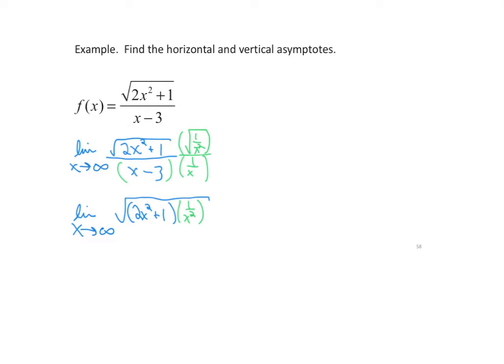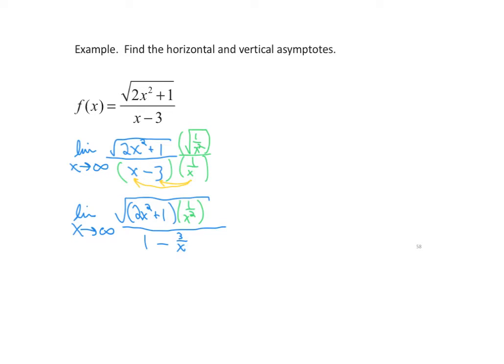They both have square root symbols and they're being multiplied, so I can bring the 1 over x squared inside and multiply it by the whole quantity 2x squared plus 1. And that's going to be all over, well, this is a familiar one. I can just multiply 1 over x to each of these terms, and I'll get 1 minus 3 over x.